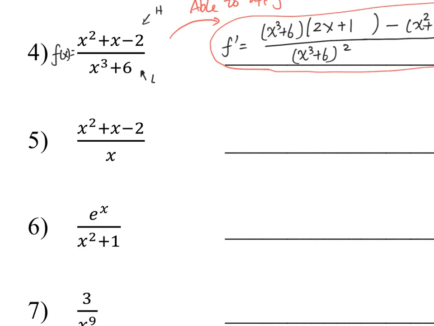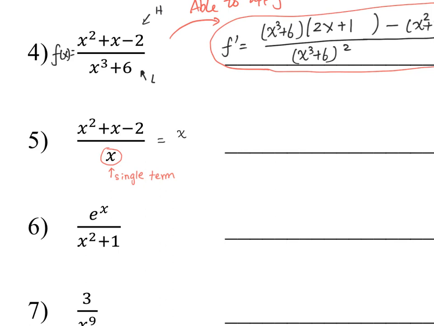I'll leave that as an exercise for you, but I would like to suggest that whenever you see a single term on the bottom, that's a really nice form, single term, okay? Why? Because in other words, this rational function can be split into different terms.